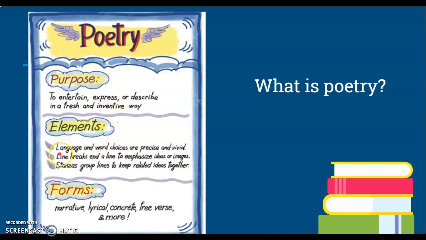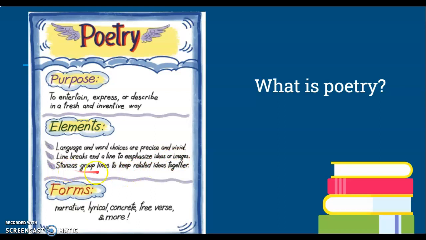The elements are the parts of a poem. Language and word choices that are precise and vivid. Vivid words usually give you a picture in your mind of what you're reading. Another element or part of poetry would be line breaks. This ends a line to emphasize ideas or images.